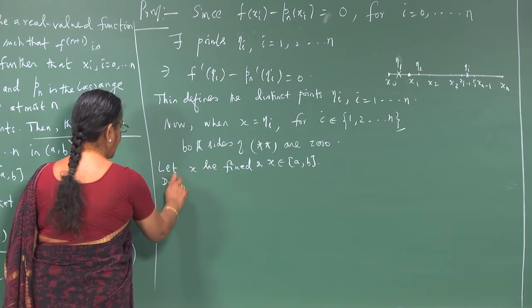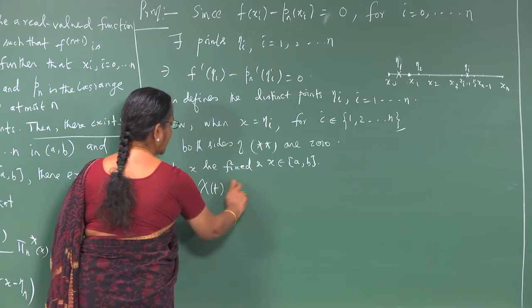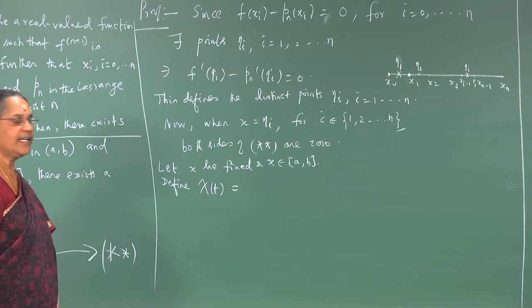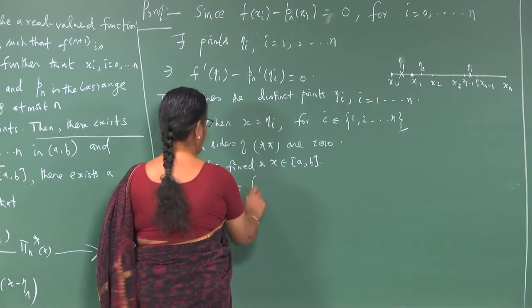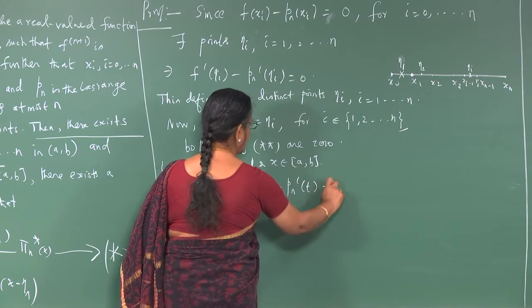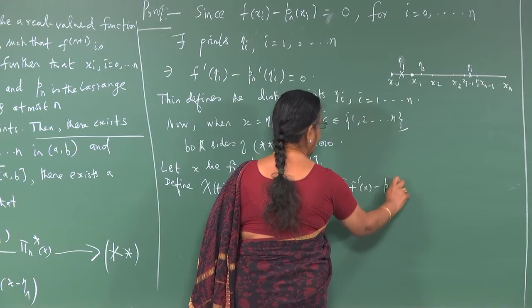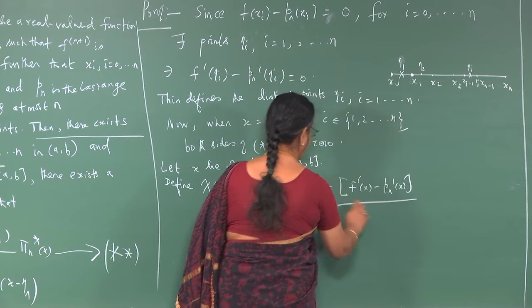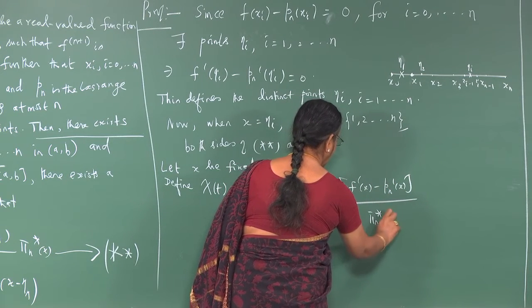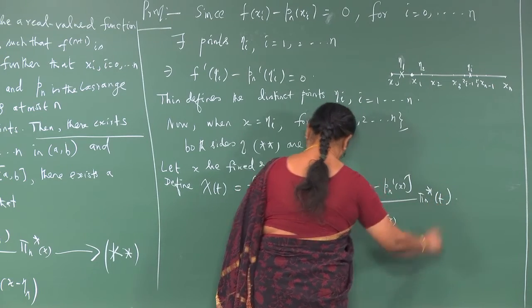And let us define a function as follows. Say a function chi such that chi of t is equal to f dashed of t minus p n dashed of t minus f dashed of x minus p n dashed of x divided by pi n star of x into pi n star of t.